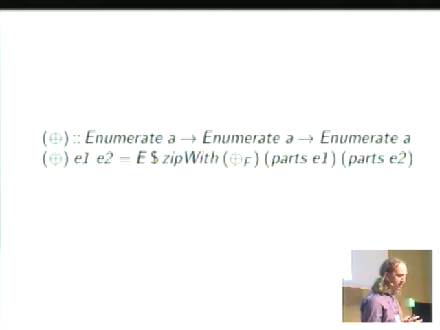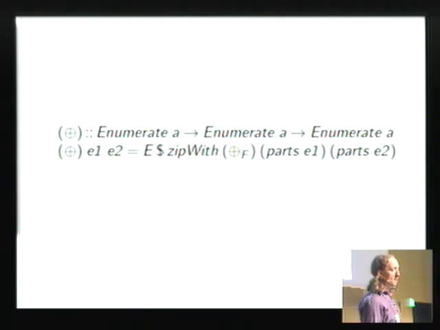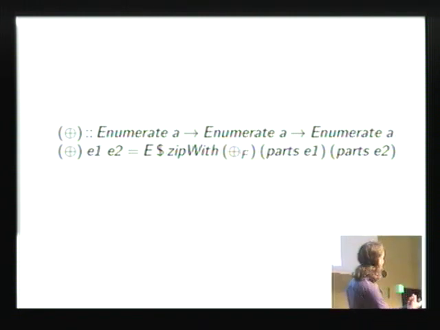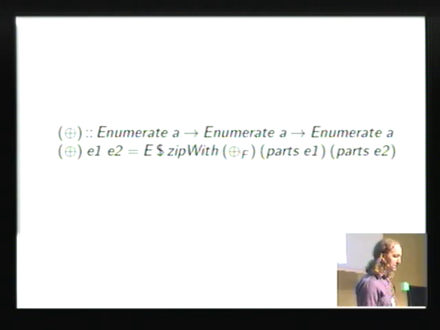Okay, and for sum, well, it's just a zip of the finite sums of the parts of its operands. Because the number of values in the nth part of this sum is of course the sum of the nth parts in the operands.